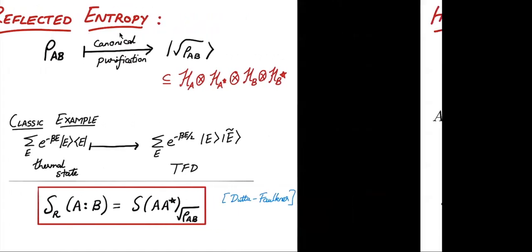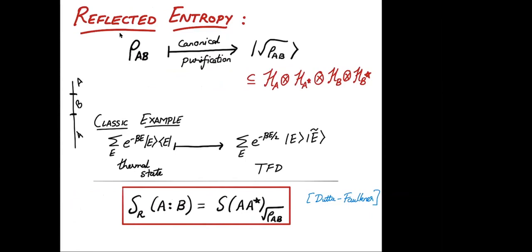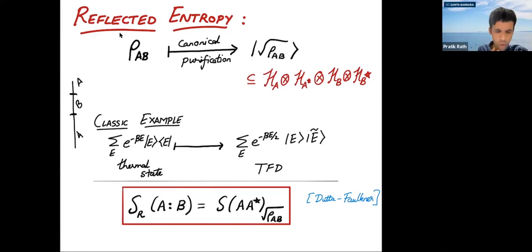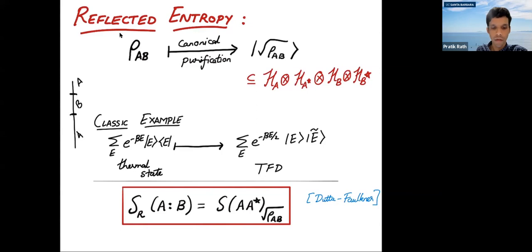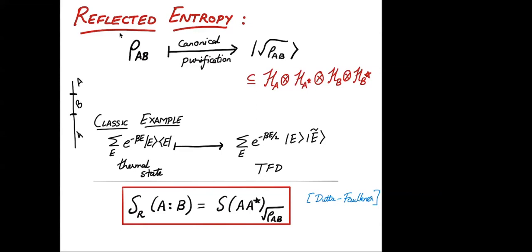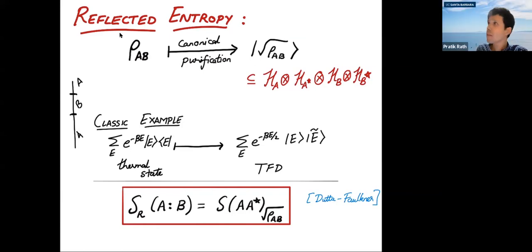Sorry, I have a question. So this is for the bipartite case. Is there an analog, let's say, a thermofield triple? Is there any analog of those kind of thing also? What do you mean by the thermofield triple? Like you have three copies, for example. Okay, so is there an analogous definition which does purification? Not that I'm familiar with, because this is a canonical thing that's well defined.